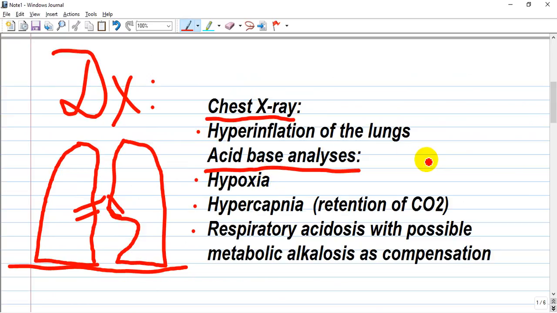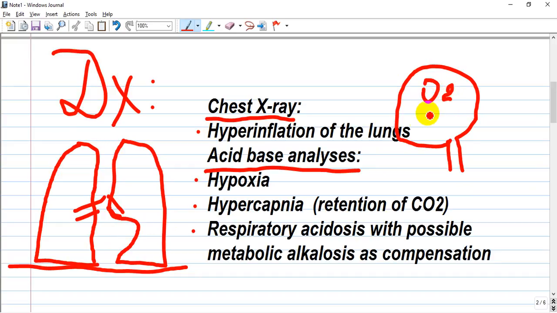From acid-base analysis, we can see many features like hypoxia because of decreased ventilation, not effective ventilation, and hypercapnia. Because of this hyperinflation, air is trapped inside, O2 and CO2, and it makes it difficult for air to pass in or out.